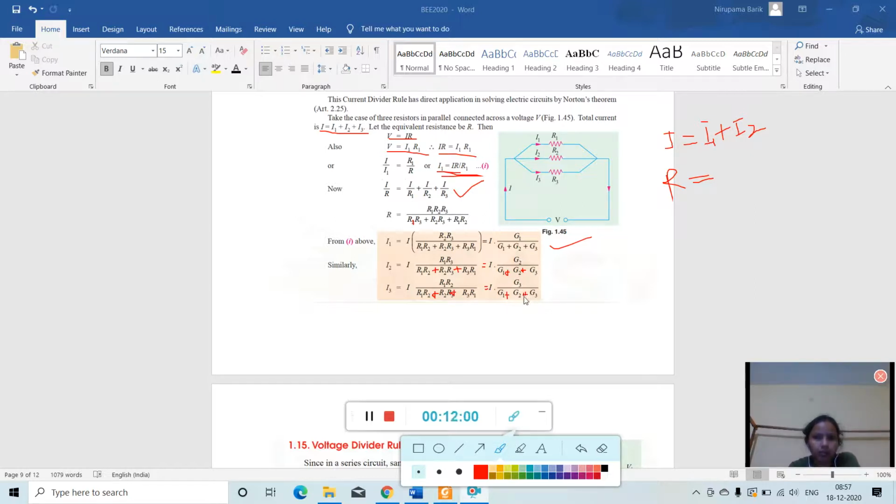These are your expressions for the individual currents across the resistors I1, I2, I3. So your task is to put this R expression in this equation and find these three expressions in detail. This is also your homework.